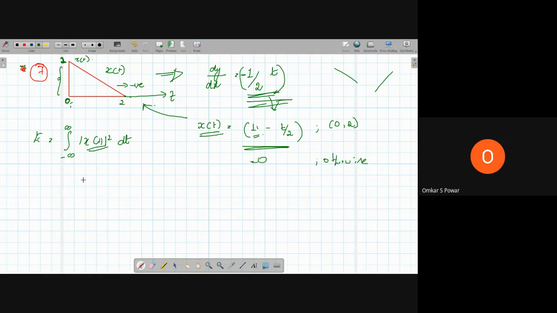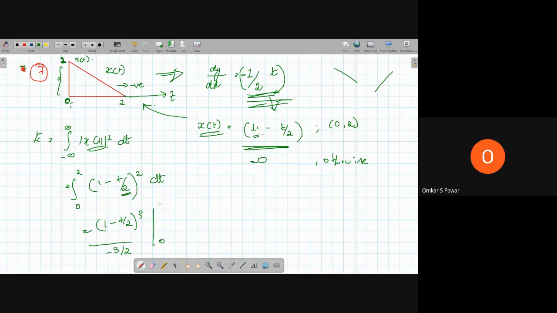Now then similarly, integral 0 to 2, what is the value of x of t? 1 minus t by 2, the whole square dt. Then integration, 1 minus t by 2 the whole cube by minus 3 by 2, because it is 3 into minus 1 by 2, because this is minus 1 by 2.